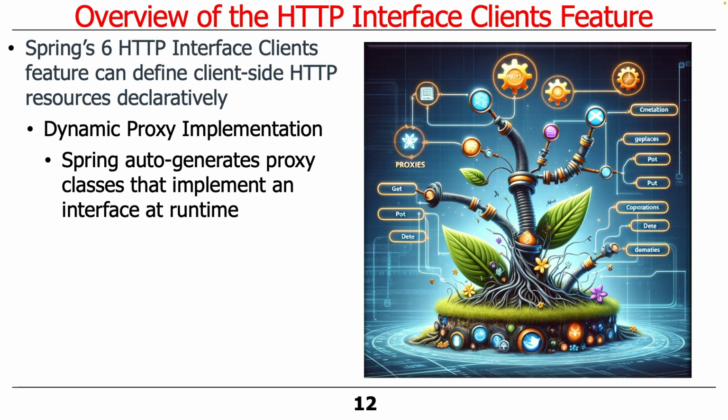So all these proxies are actually implemented at runtime. So I asked ChatGPT to generate me a visualization of this, and it looks kind of like Groot from the Guardians of the Galaxy, but it basically is showing a little tree that's growing these proxies live.